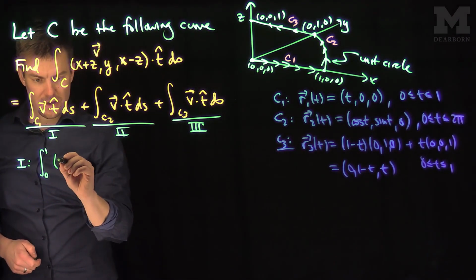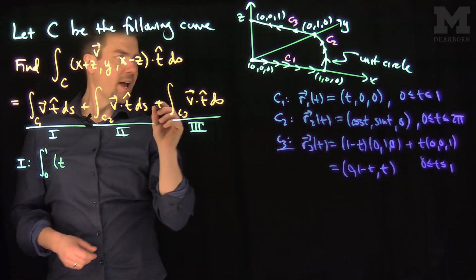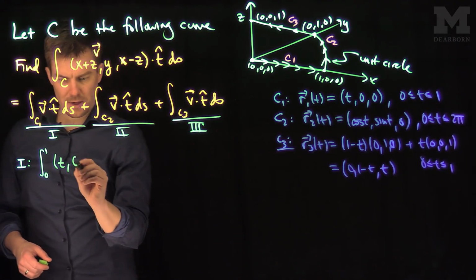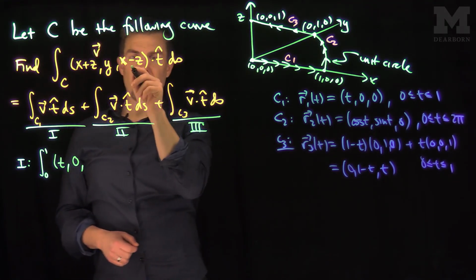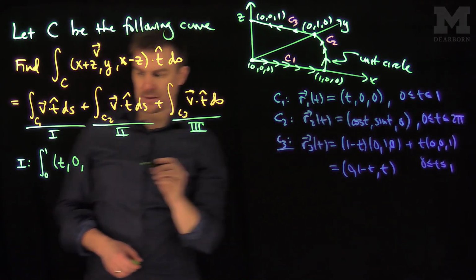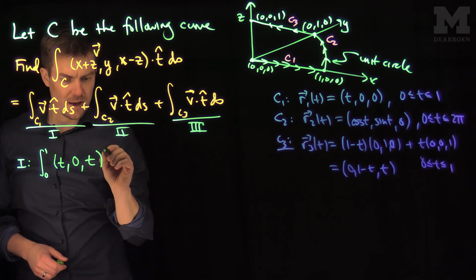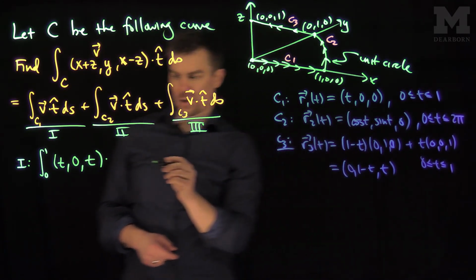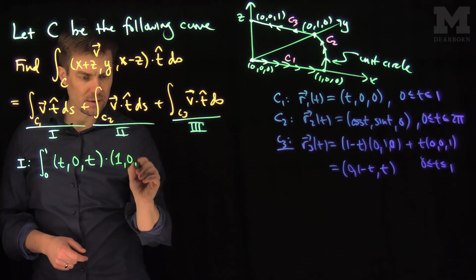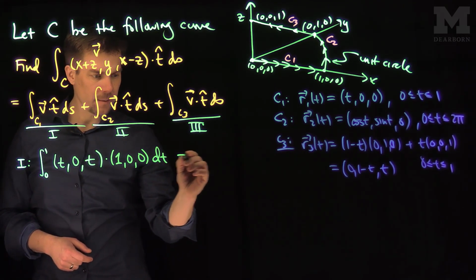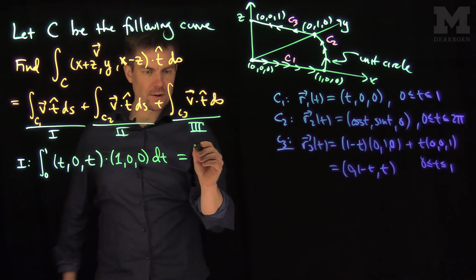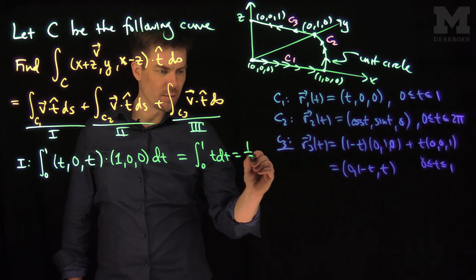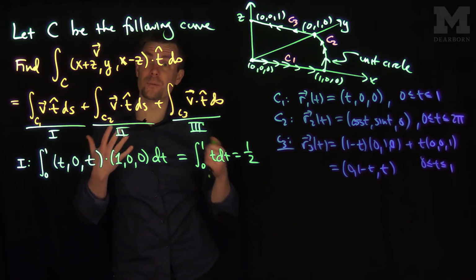So I'm going to have a t for my x plus z, a 0 for y, and then for x minus z, t minus 0, so another t over here. I'm going to dot that with the derivative of r1, which is just 1, 0, 0 dt. And so what we have is the integral from 0 to 1 of t dt, which is equal to 1/2. So the first part of the flow contributes 1/2.